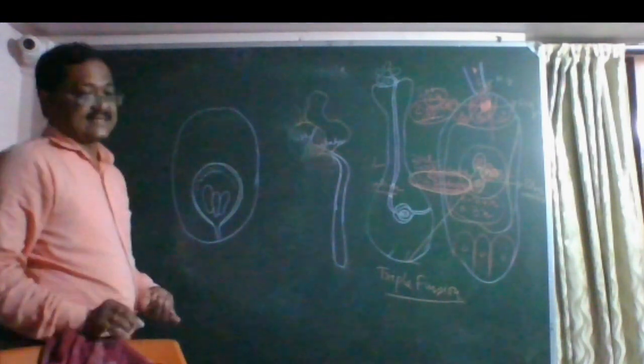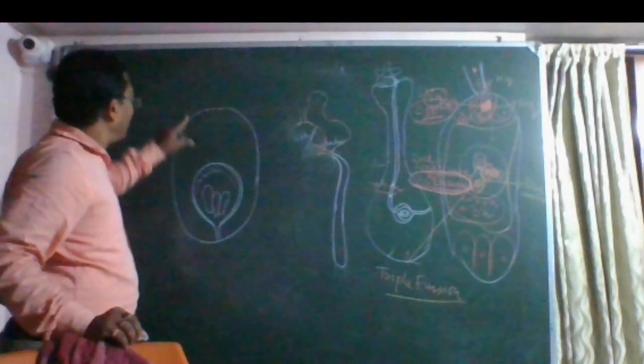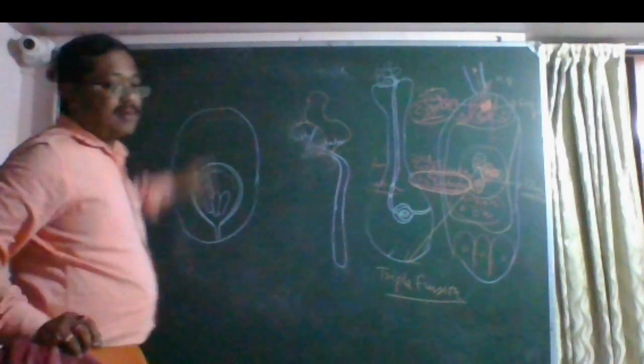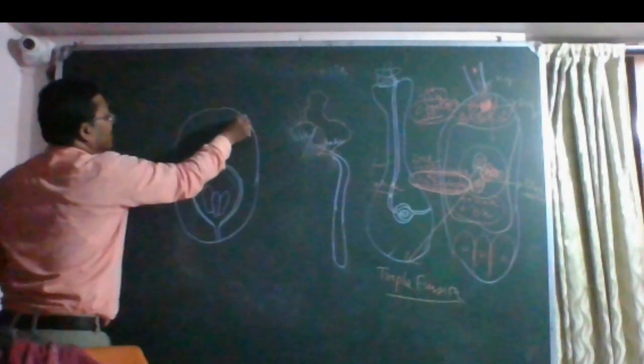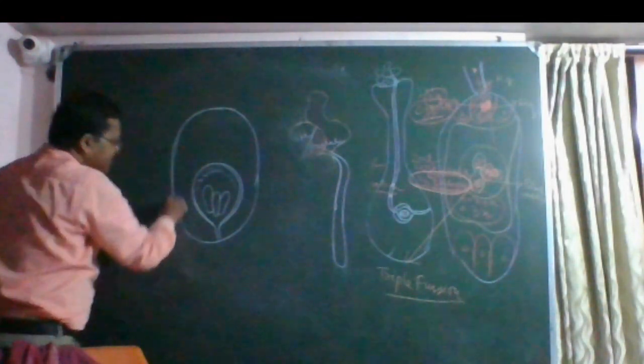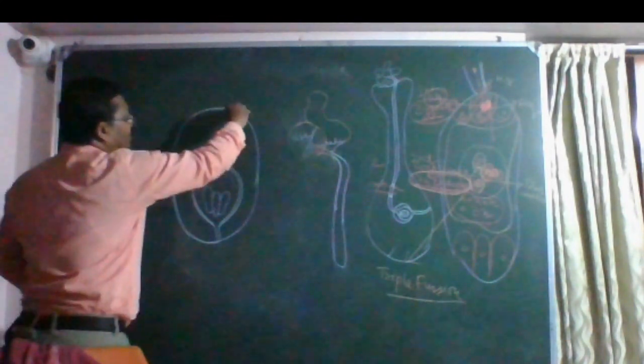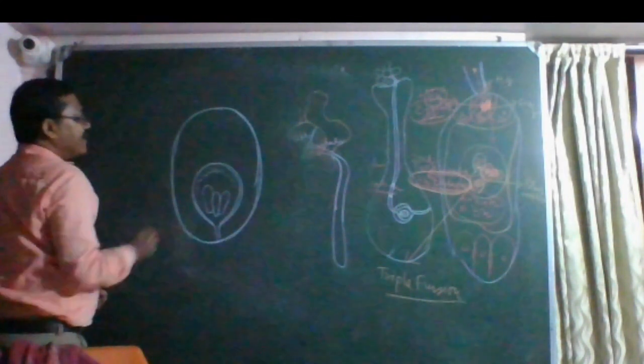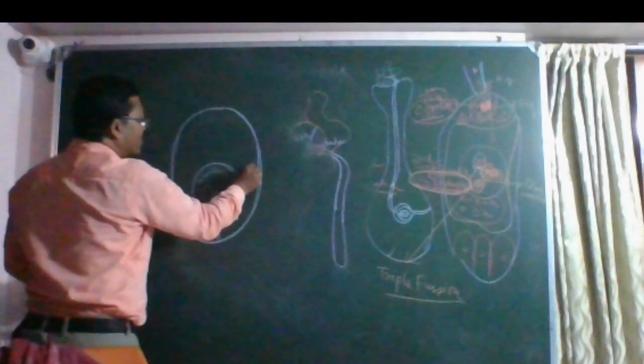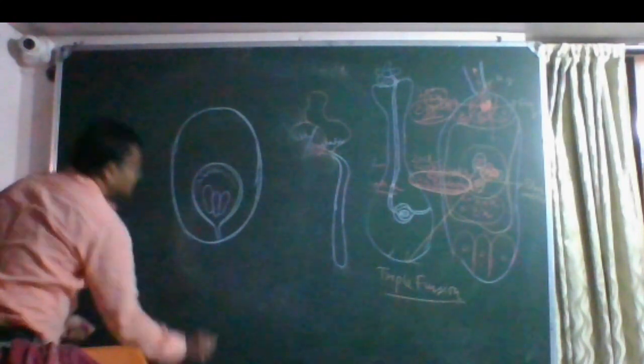In some cases, this ovary is converted into a fruit. The ovary wall generally consists of three layers: epicarp, mesocarp, and endocarp.